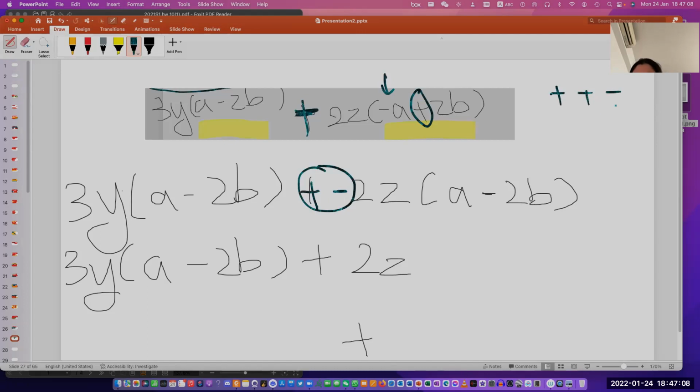Plus plus plus, minus minus plus, plus minus minus, minus plus minus. Different sign is minus, same sign is plus. So you should end up with minus. Are you clear now?